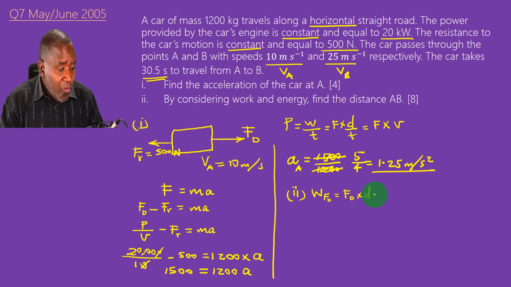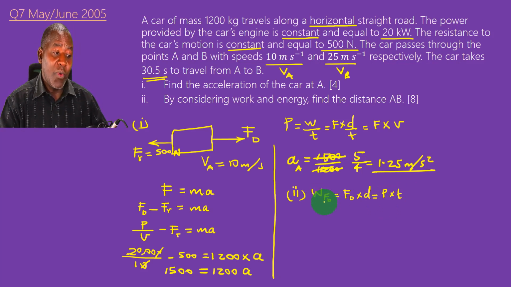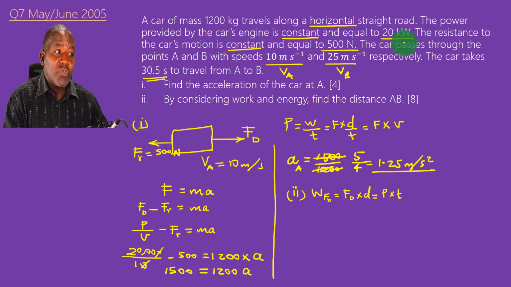The other way you can get the work done is by using the idea of power times time. You see, for you to calculate power, you need to divide the work done by the time. And this is where they told us that the power was constant. The power provided by the car's engine is constant and equal to 20 kilowatts.